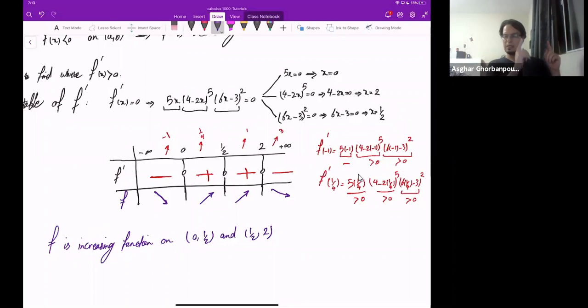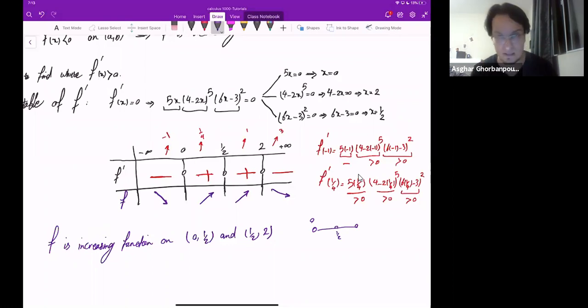But if you note, these two intervals are basically from 0 up to 2, but we excluded 1 over 2 so far. Here is a trick.